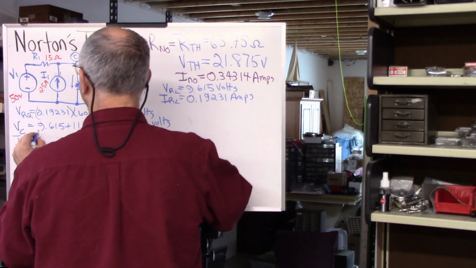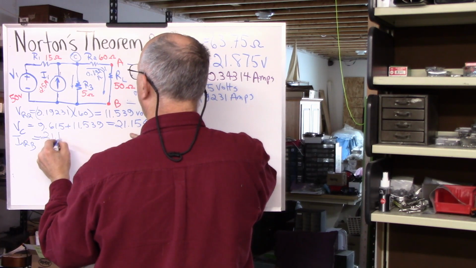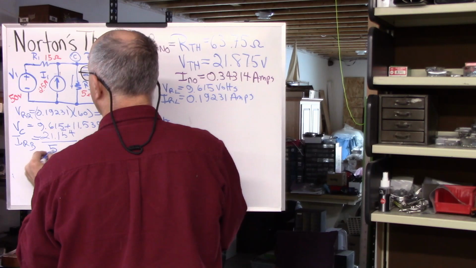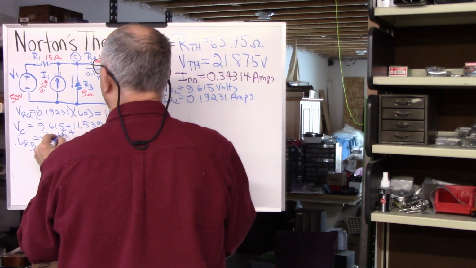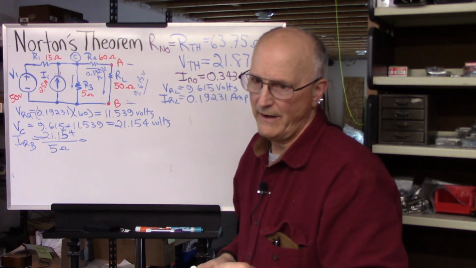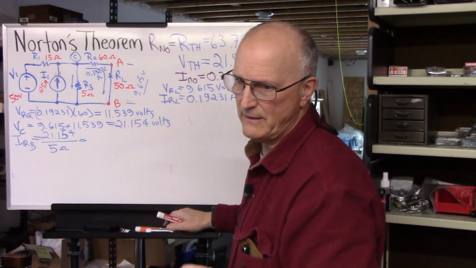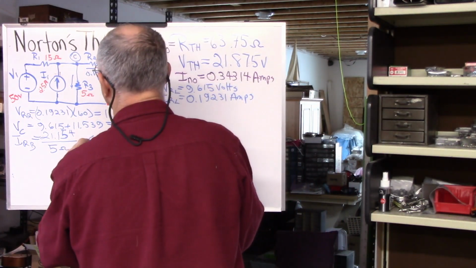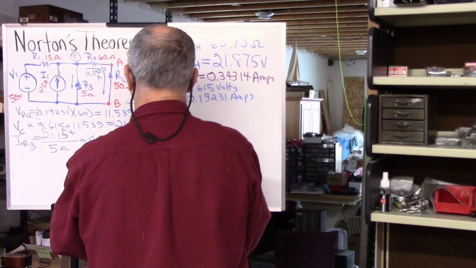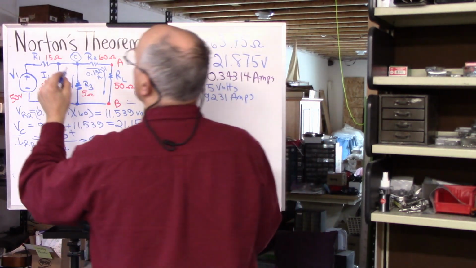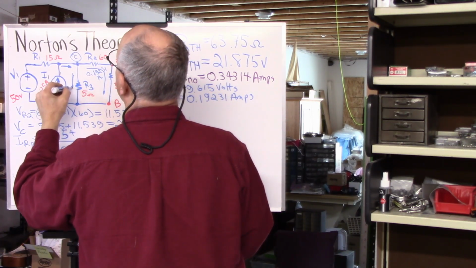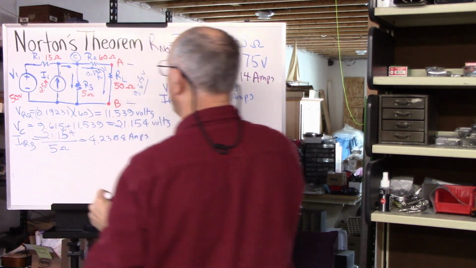So IR3 is equal to this voltage, 21.154, divided by its resistance, which is 5 ohms. So 21.154 divided by 5 gives us 4.2308 amps. Now the current leaving here is equal to the current through here plus the current going out this way.